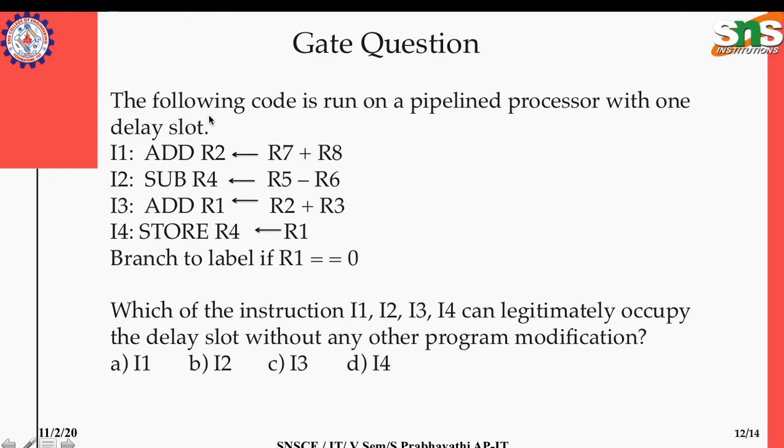The question says the following code is run on a pipeline processor with 1 delay slot. 1 delay slot means that happens only in branching. Because of this instruction, there is 1 delay slot, and the question is which of the instructions can legitimately occupy that delay slot, so that we could utilize that delay slot without modifying the program execution.